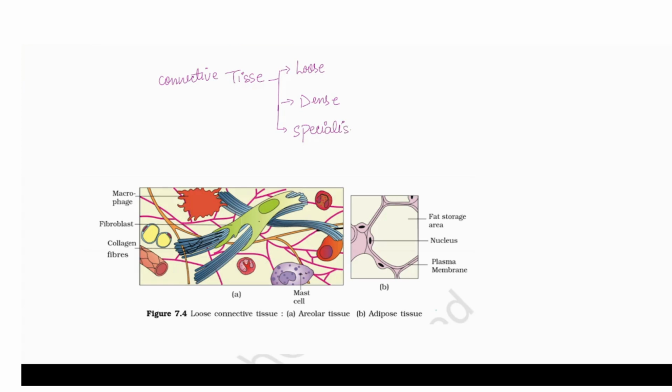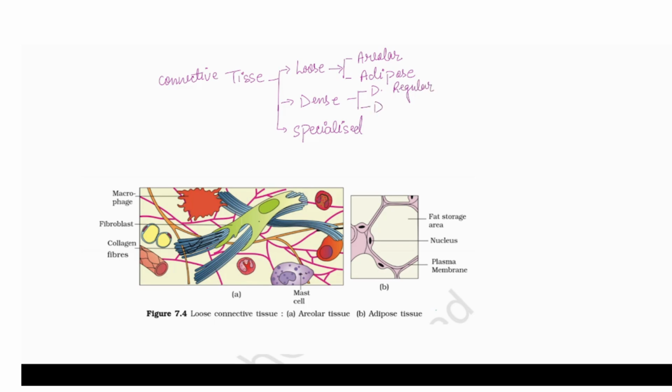Okay, so what are loose connective tissues? Loose connective tissue has two further divisions, the areolar and the adipose connective tissues. We will see all the terms in detail, but firstly we have to understand the terms. In the dense connective tissue, we have dense regular and dense irregular connective tissue.